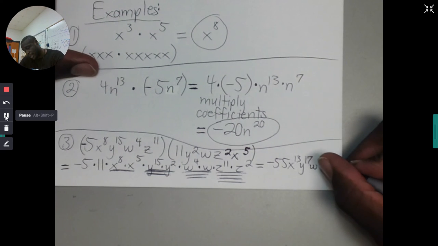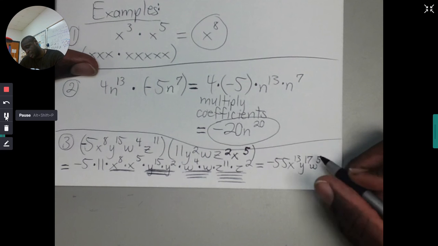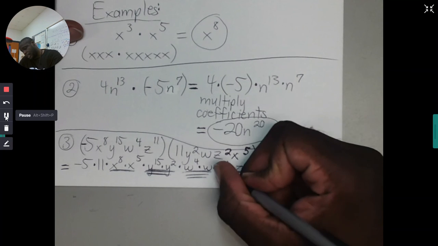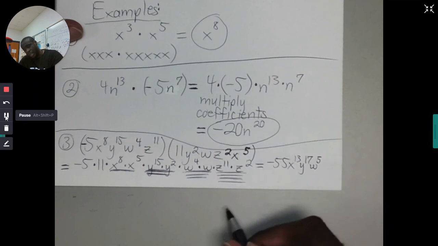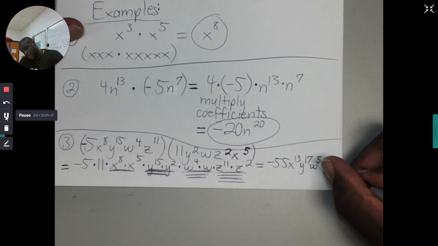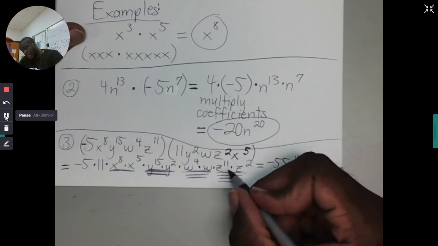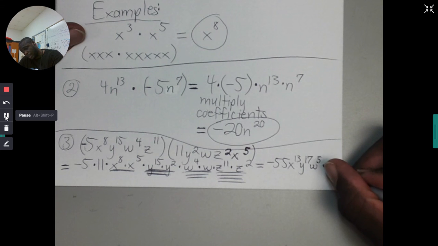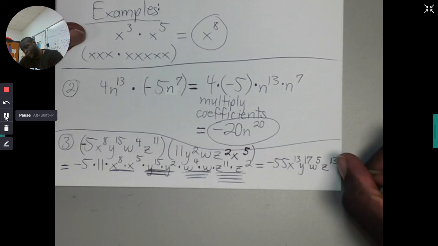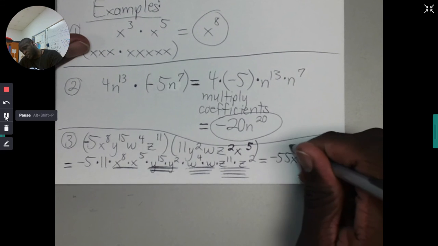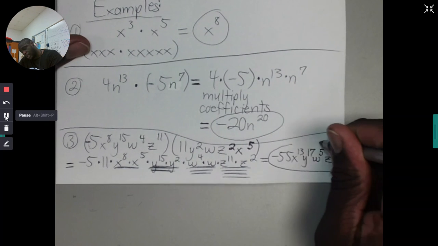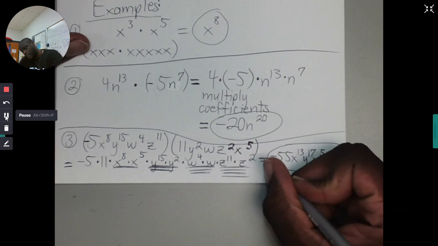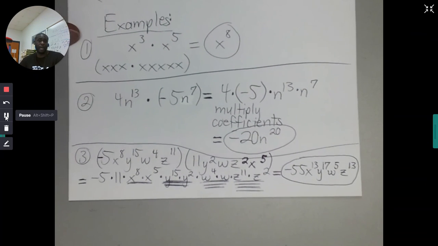So that's w raised to the 5th power, and then putting these z's together, z to the 11th and z squared, or z, so you got 11 and 2, which makes z to the 13th power. Okay. And so this one will be like this when it's simplified.